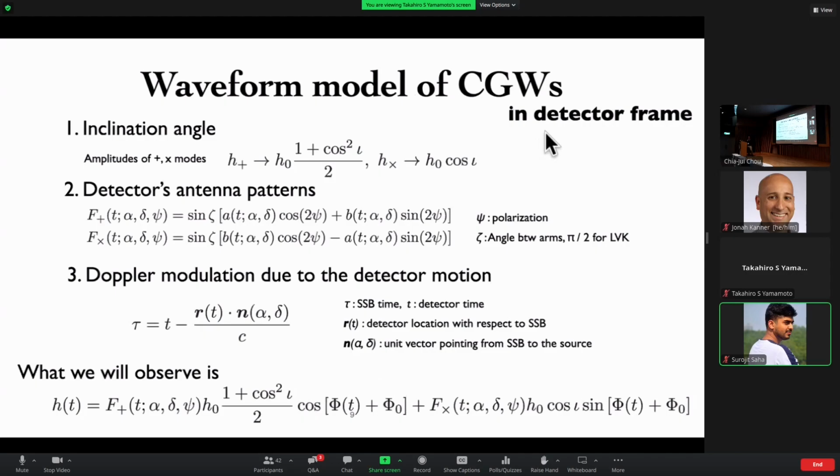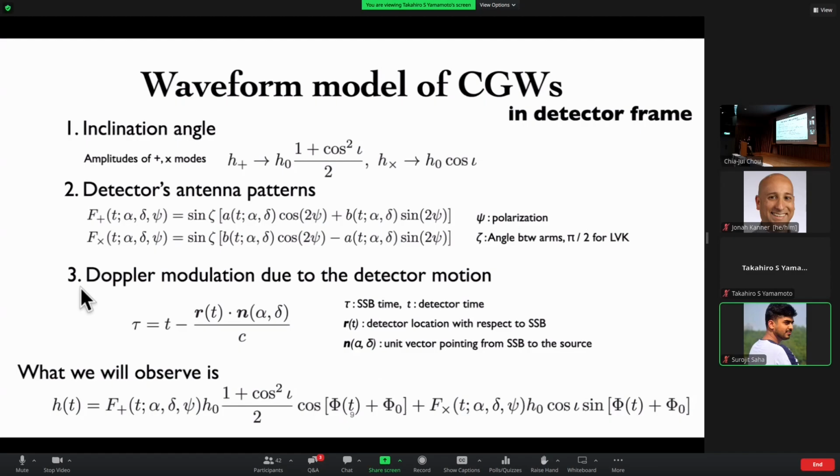We have a very complicated waveform model of the continuous waves in the detector frame. We need to include three effects: inclination angle and the detector's antenna patterns, which are geometrical configurations relative to the source. And the third one is Doppler modulation due to the detector motion.